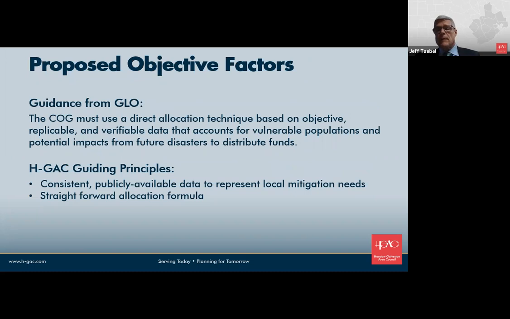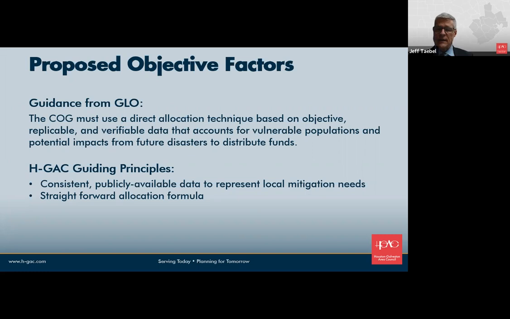So again, let me stress, this is not a grant program where we're looking at specific projects. This is going to be, as we have now conceived it, allocations to cities, counties, possibly to the Council of Governments, H-GAC, and they will be responsible for identifying projects that will meet the General Land Office criteria.